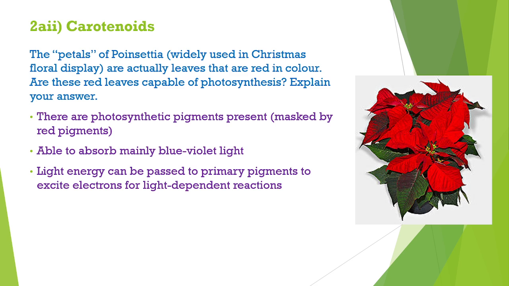But they will still be able to absorb light. They will reflect red light because they look red. The leaves look red, but the blue violet can be absorbed. So light energy can still be captured by the photosynthetic pigments to drive light-dependent reactions and subsequently drive the whole process of photosynthesis. So these red leaves are still photosynthetic.